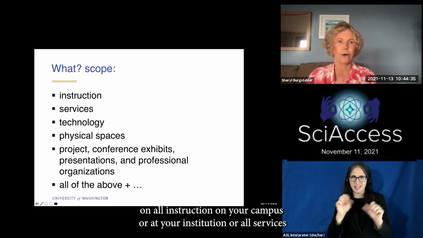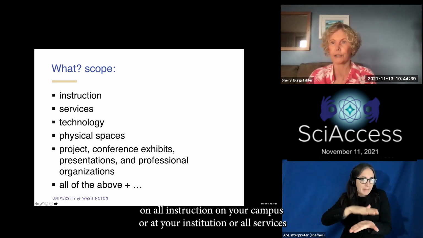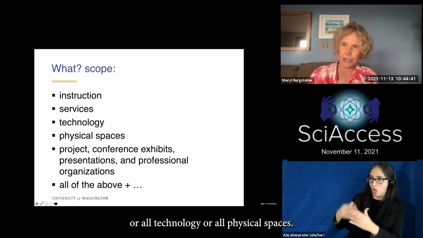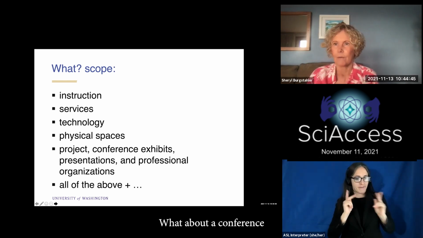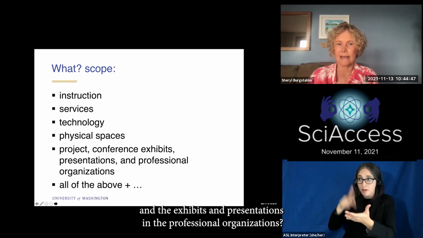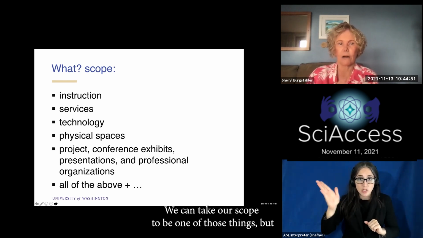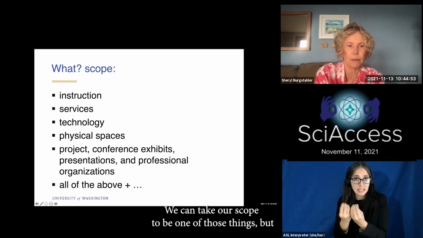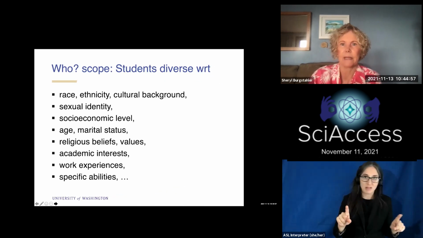Or you could focus on all instruction on your campus or at your institution, or all services, or all technology, or all physical spaces. What about a project? What about a conference and the exhibits and presentations and the professional organizations? We could take our scope to be one of those things, but there's another dimension of the scope when we're talking about DEI.